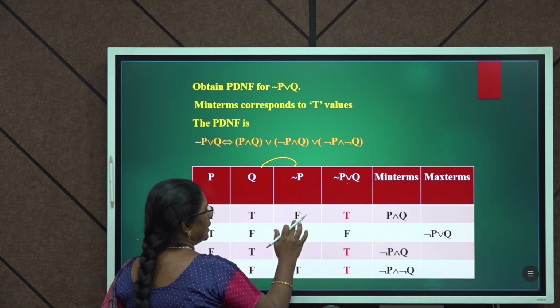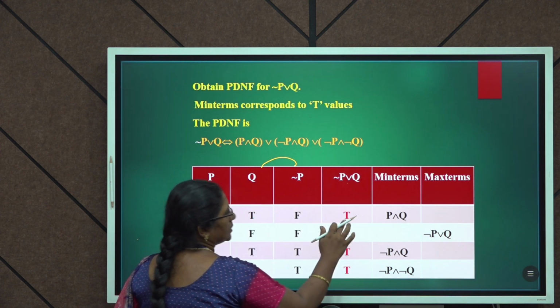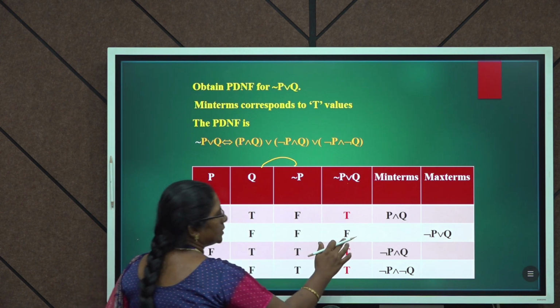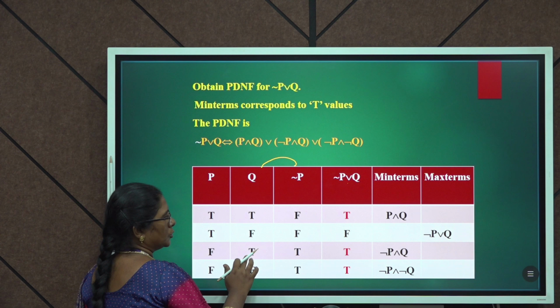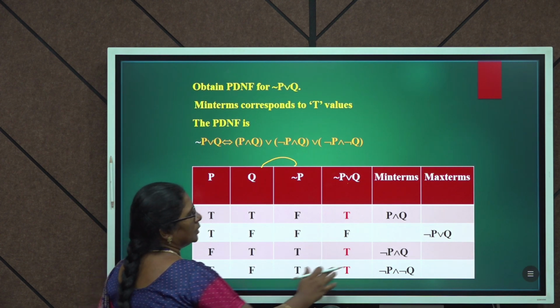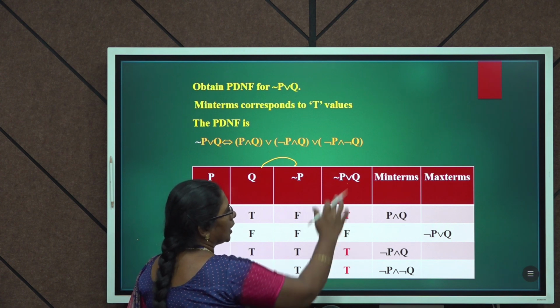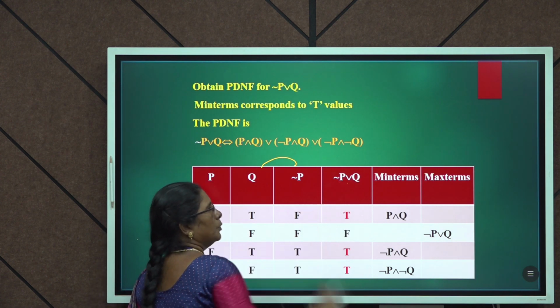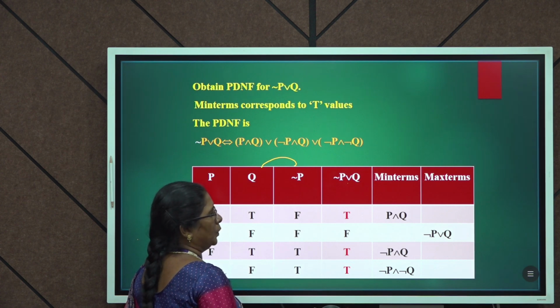Here one of the truth values is true, so the answer is true. Here no truth value is true, so the answer is false. Here both are true, so it is true. Here one of the truth values is true, so negation P cup Q is true. So this is the resultant column of the formula negation P cup Q.